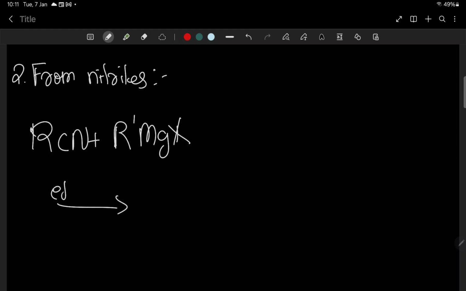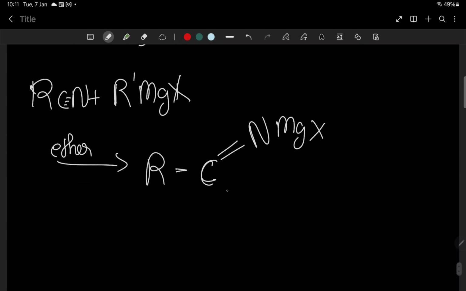Now in ether medium, what happens is that this R is there, this C is there, the triple bond is there. 2 bonds will still be attached to N, and this N will be attached to MgX, and the rest will be attached to the next R dash.